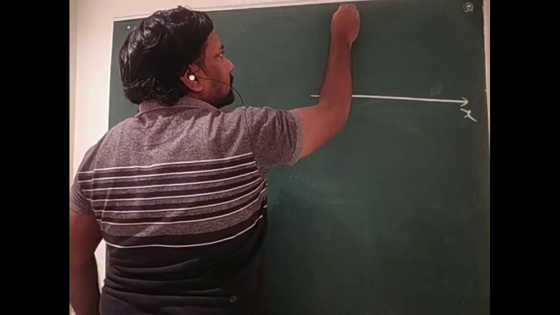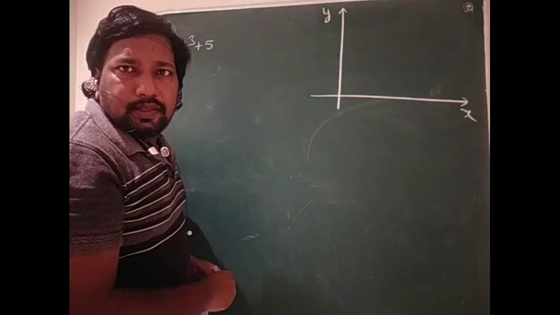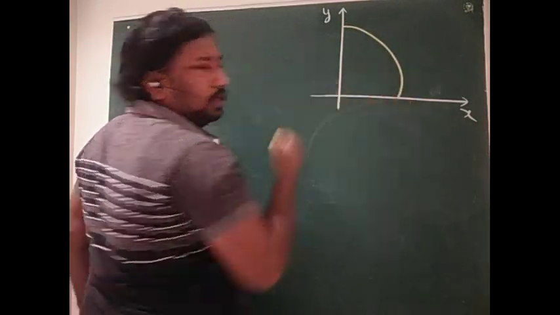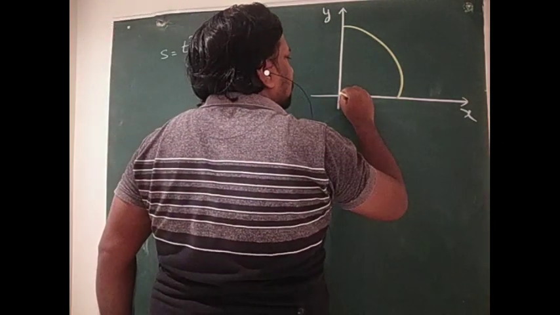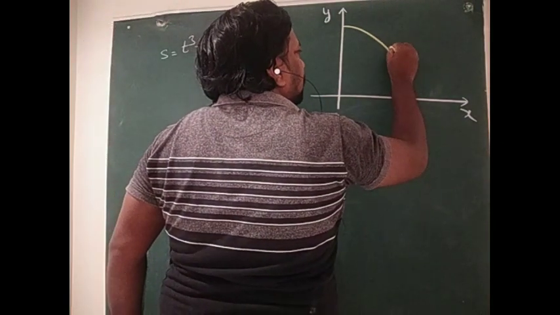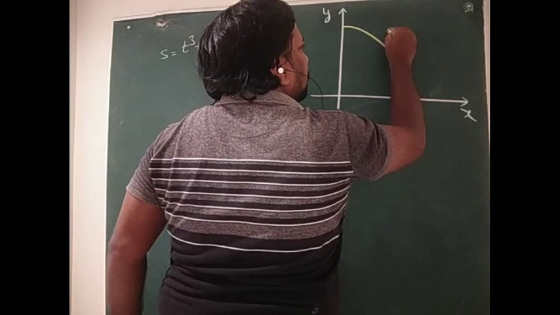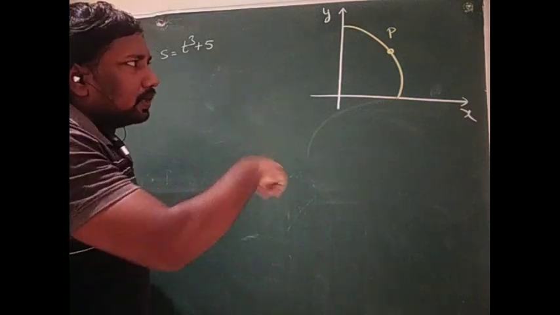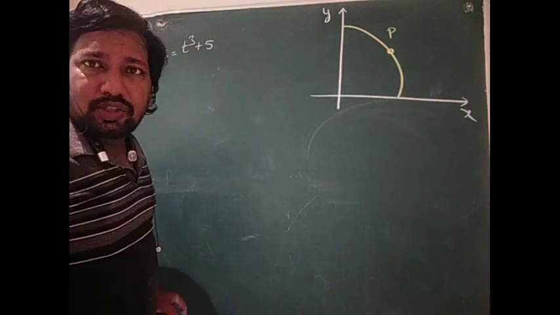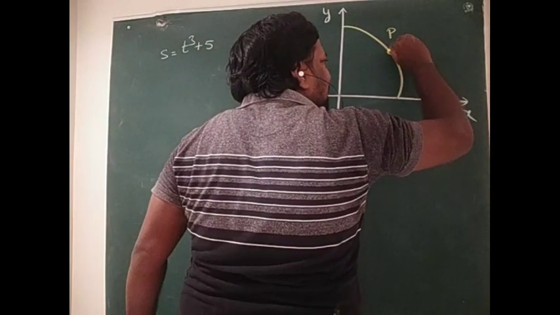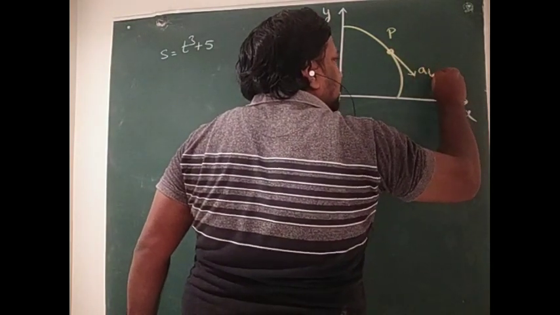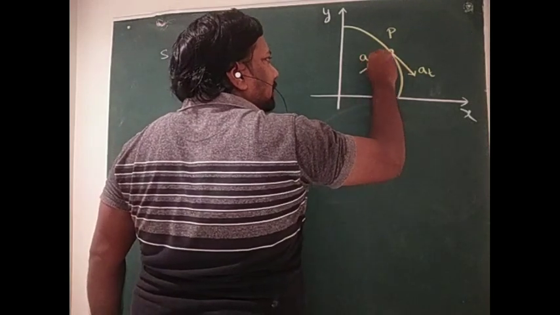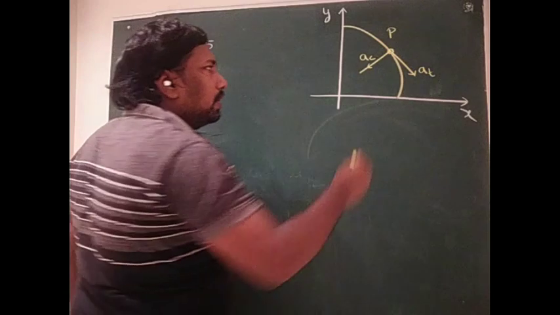This is the x-axis, this is the y-axis, and a particle is revolving in a circular path this way. The particle is at point P. It has a tangential acceleration this way and a radial acceleration, that is the centripetal acceleration, this way.